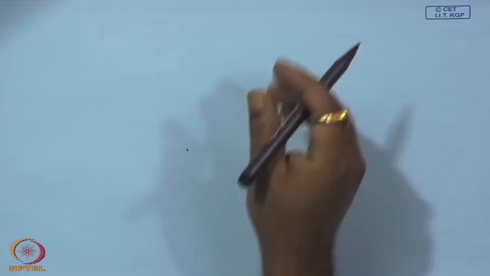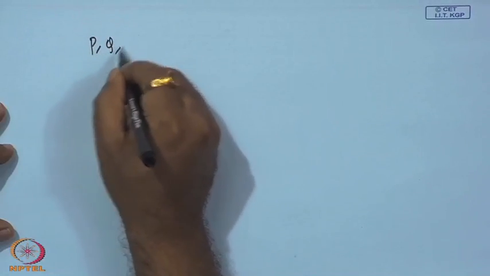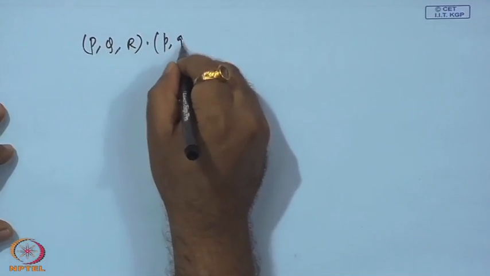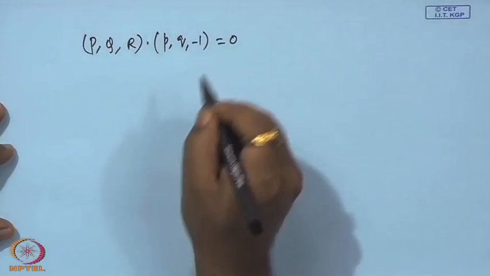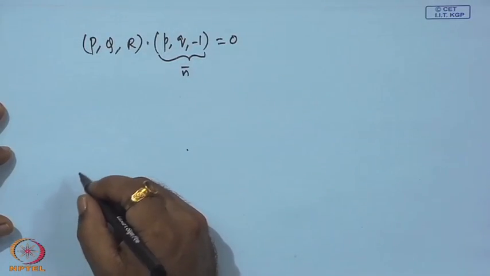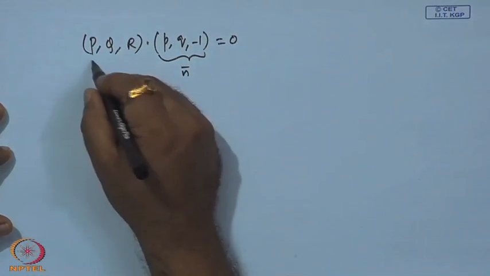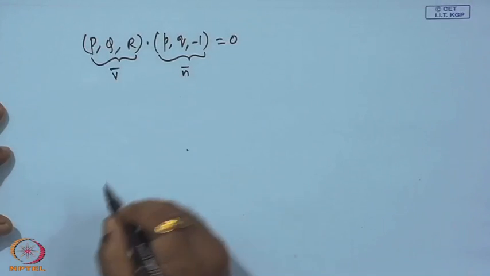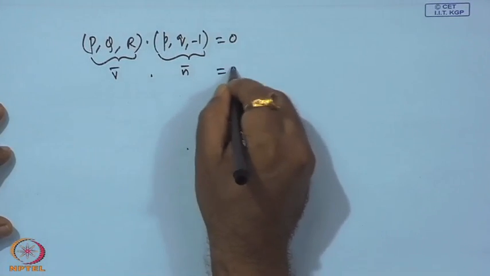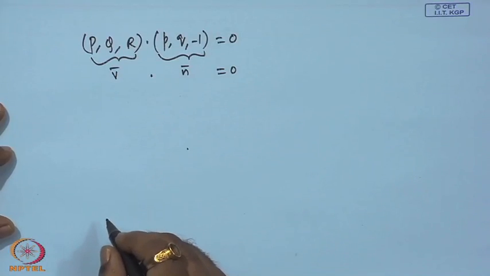But what is our relation? Our relation is (p, q, r) dotted with this normal to our surface, and if you call this vector v bar, we have v dot n equals 0.